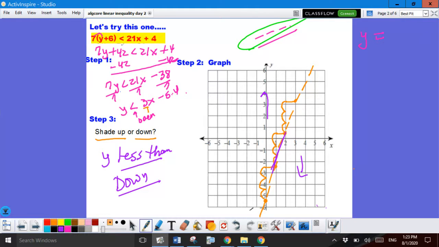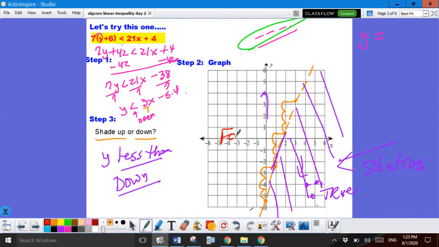Less than means shade down. So I am shading below the line. That means these are the solutions. So anything in here is going to be true, and everything up here is going to be false. Everything above the line is false. Everything below the line is true.